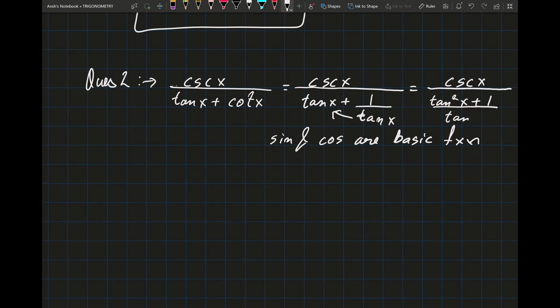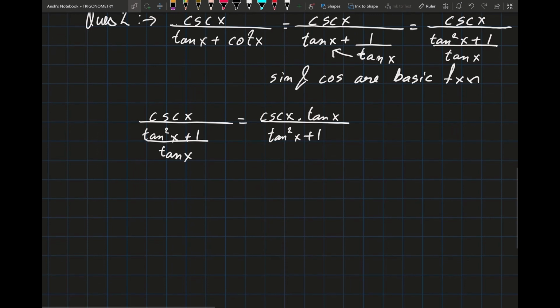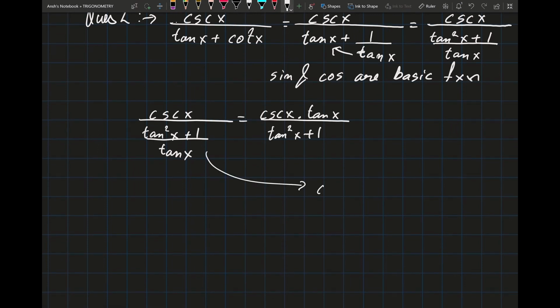divided by, at this point a lot of students get confused. So if you get confused at this point, you can try this step. Try writing it as cosecant x divided by tangent square x plus 1 over tangent x.